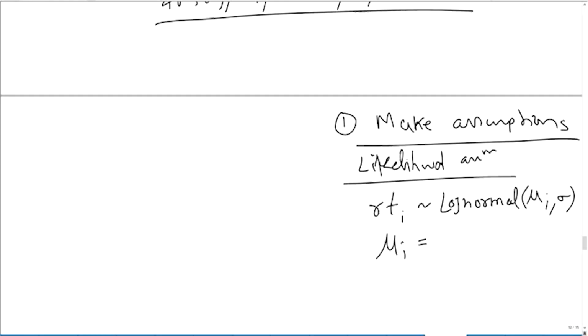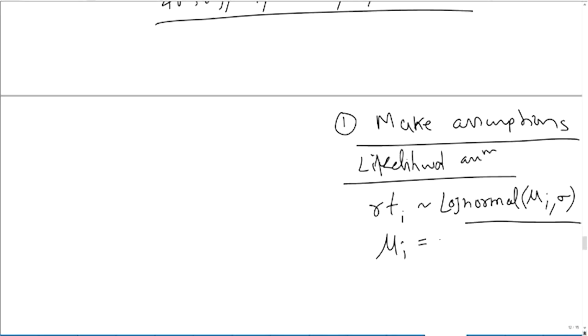Now this is the point where you can encode your hypothesis, right? This is what we do in linear regression modeling: on the parameters of your distribution, you can basically represent your hypothesis. So how do I represent the hypothesis here?